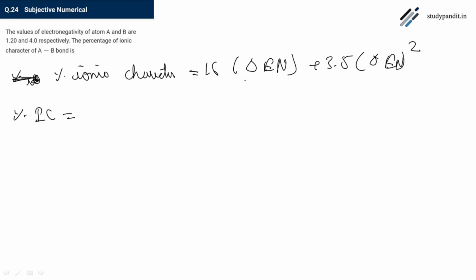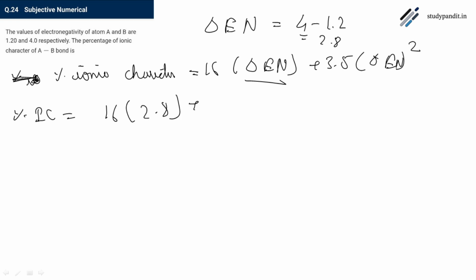So we will find out the percentage ionic character. First we will see what is the difference in electronegativity. Delta EN is equal to 4 minus 1.2, that is equal to 2.8. So percentage ionic character is equal to 16 into 2.8 plus 3.5 into 2.8 whole square, which gives us 72.24%.